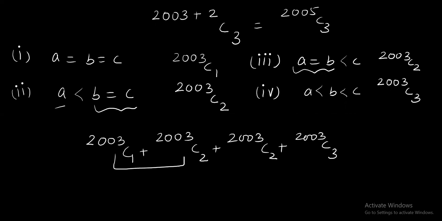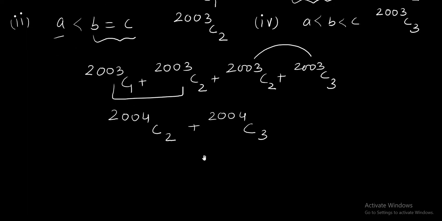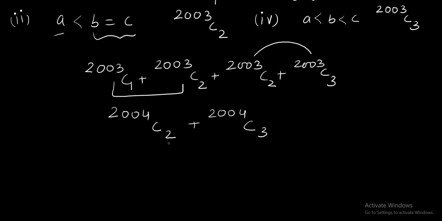Adding these two together, nCr plus nC(r-1) is (n+1)Cr. Right? I can write it like this. Similarly, when you add them together, it becomes nCr plus nC(r-1), so adding them gives me (n+1)Cr. Again, the same situation, nCr plus nC(r-1). So the answer will be (n+1)Cr.